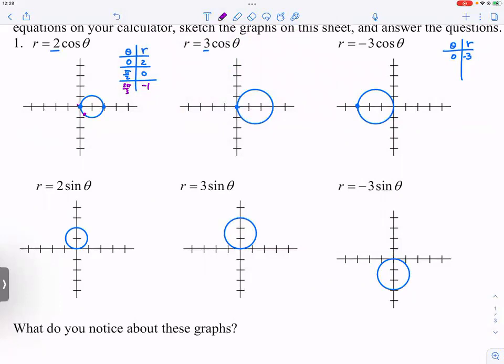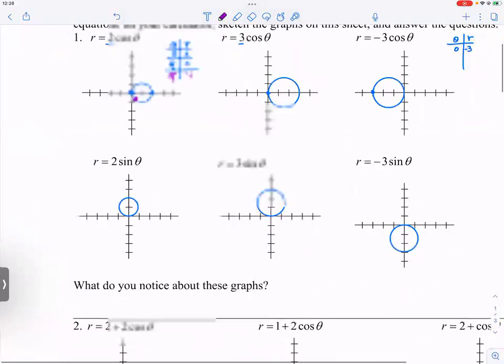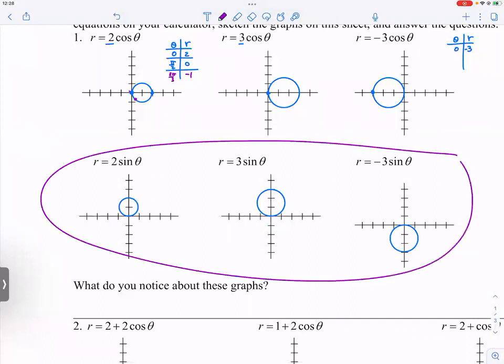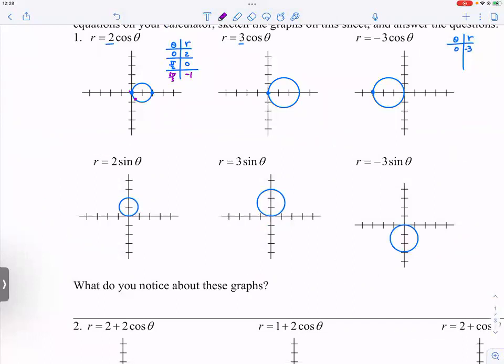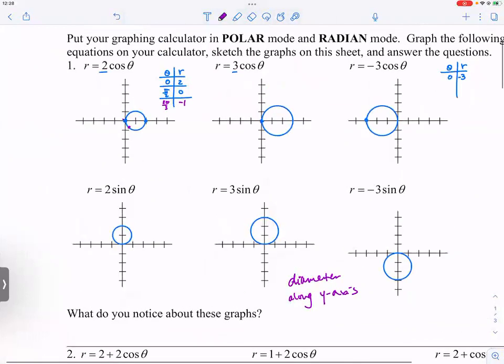Wait, hold on a second. The y-axis, right? So you can say that for these circles, the diameter is along the y-axis. For cosine, the diameter is along the x-axis.